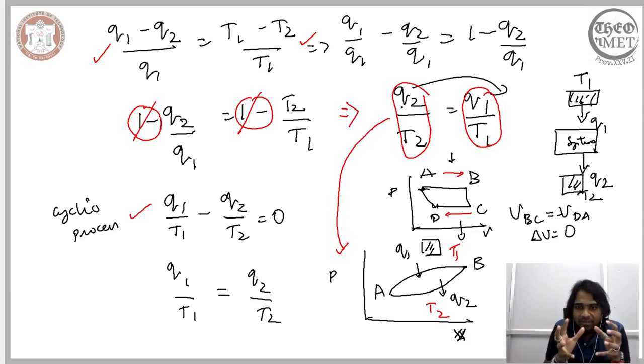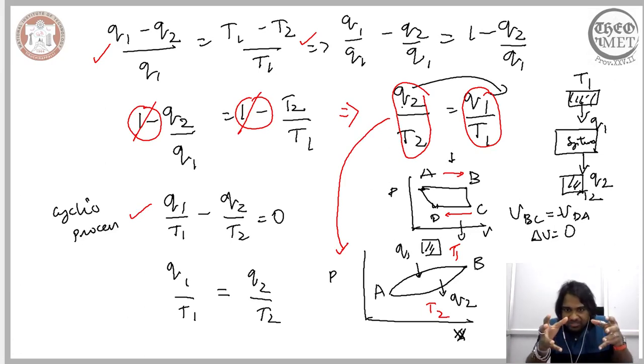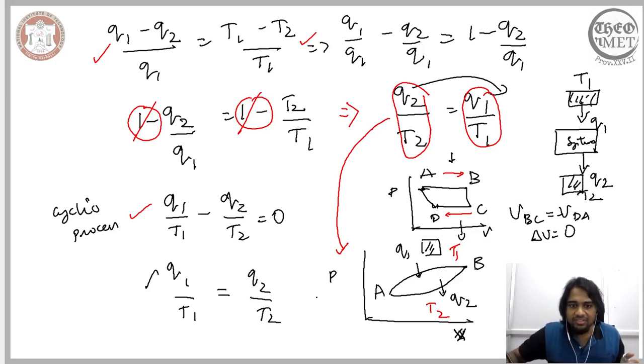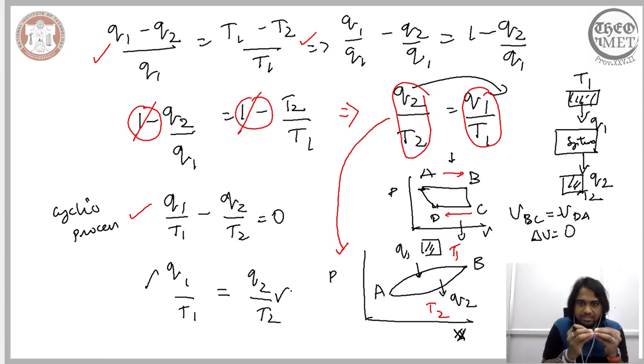Now one way of understanding it is based on the change associated with the heat input, described by this ratio here, and the change associated with the heat output, described by the ratio here. Since they are equal, wherever we started, we ended at that point. One other way of understanding is by considering the operation of the heat engine.